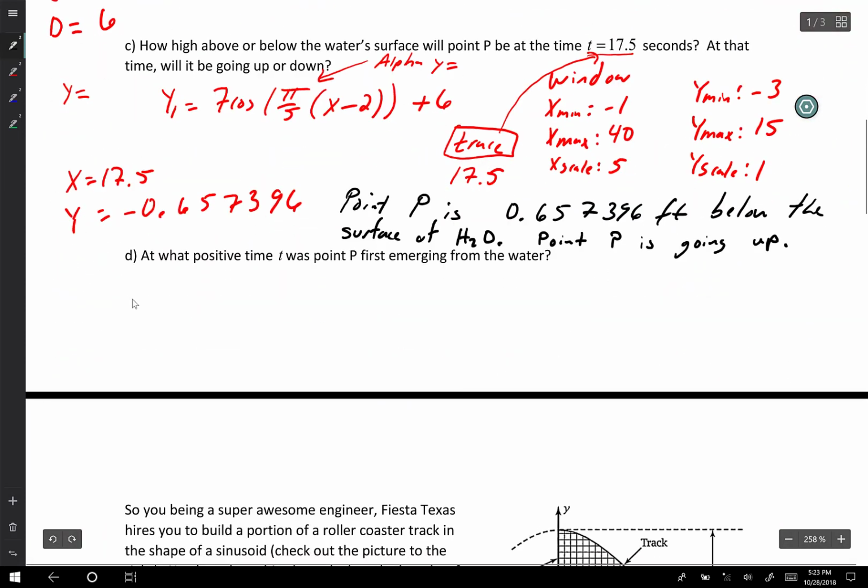I'm going to go to my calculator and push second trace, the calculate menu, and click on the option that says zero. I actually don't have a TI-84 with me, guys, so I have to do this from memory. It's F5 on mine.